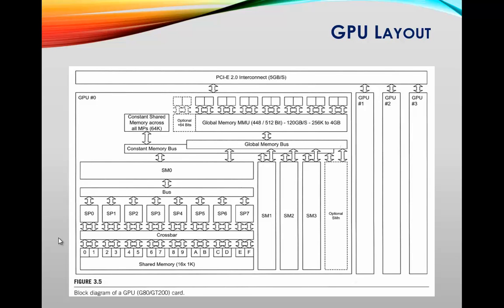Now that we've looked at the architecture on the CPU side of GPU CPU communication and programming, let's take a look at graphics processing unit architecture. GPU hardware is radically different than the CPU hardware.